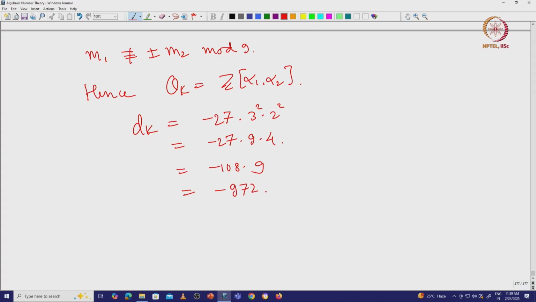All right. So, that gives you the discriminant, and now we want to find a non-trivial unit, non-trivial meaning not a root of 1, non-trivial unit in OK, or even better a generator of OK cross.